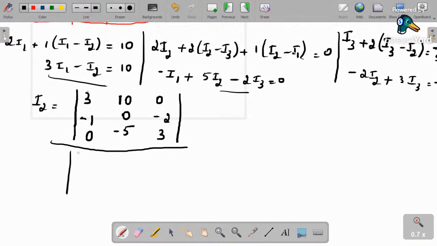So here delta is determinant of 3 minus 1 0, minus 1 5 minus 2, just coefficient. I3 kadaya first equation la, inga I3 oda coefficient is minus 2 and here I3 oda coefficient is 3. So I2 venundrappo it is nothing but general, if you are in need of x, y, z நம்ம maths la பாத்திருப்போம்.